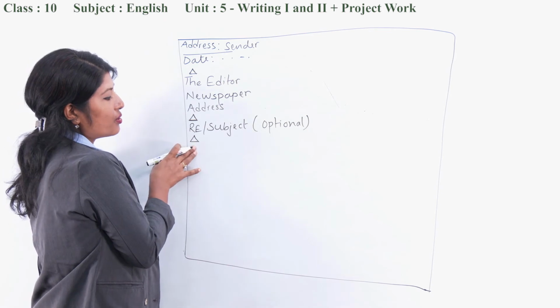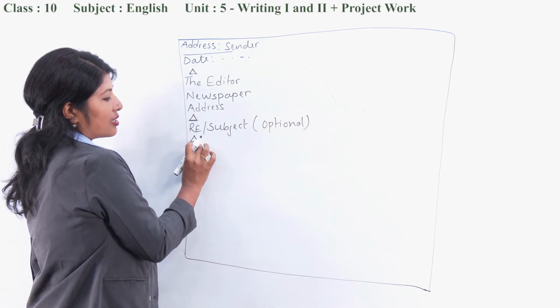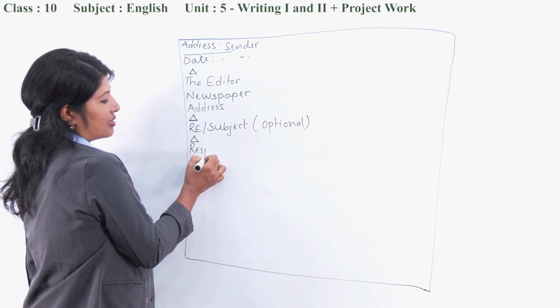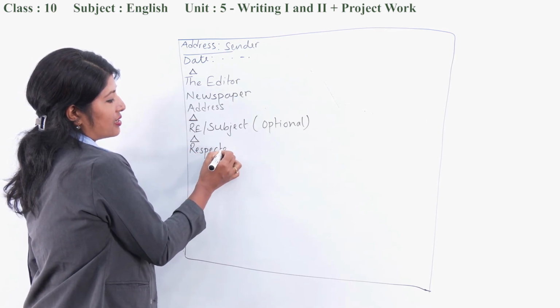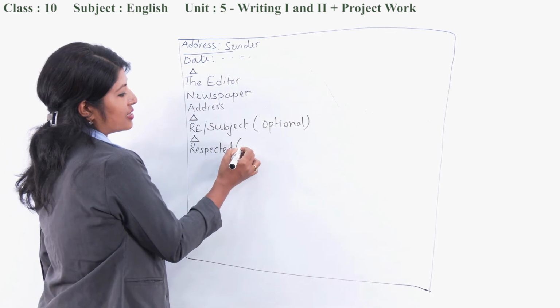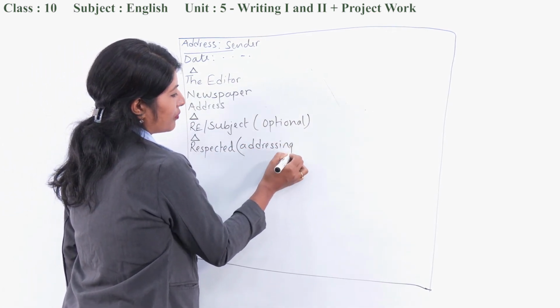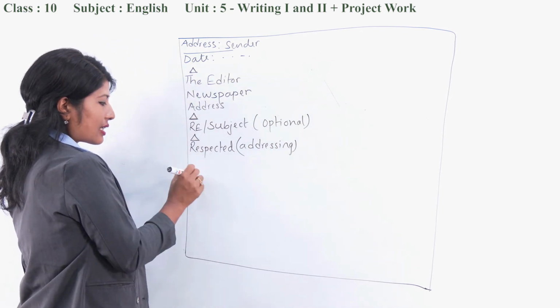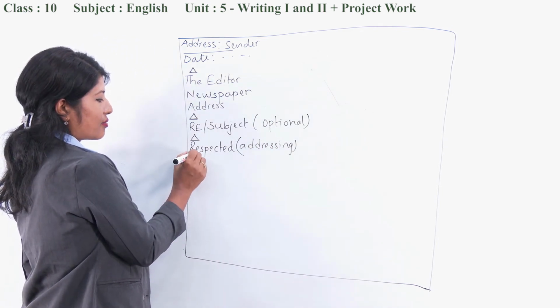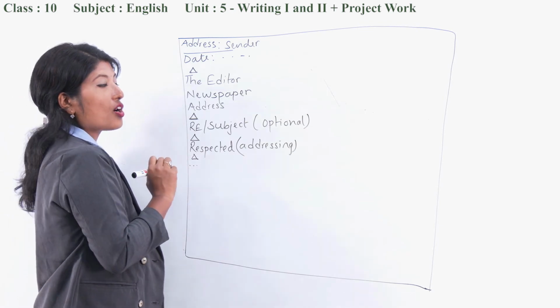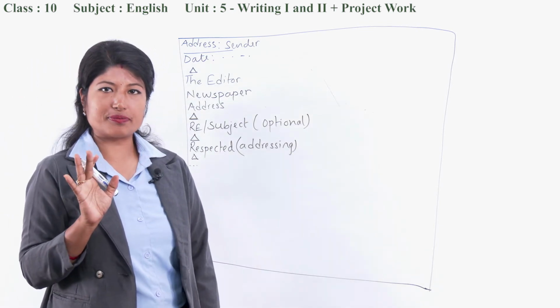So how do you start the letter? Respected, honorable. This is what? Addressing. We call it addressing. Okay, addressing. Then again one line, and then only you start your first line of the body.